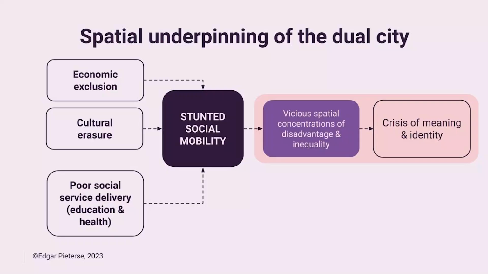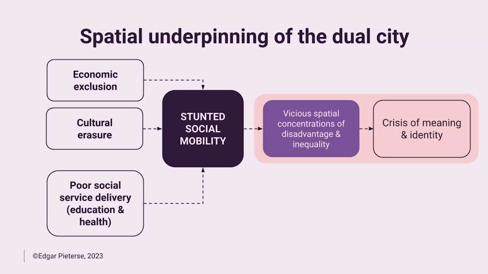In other words, if you are born in one of these neighborhoods, the possibility of you transitioning to a better job, to a better life, is very, very limited because all of these factors work against your social mobility. And that's what we call the vicious spatial concentration of disadvantage and inequality.